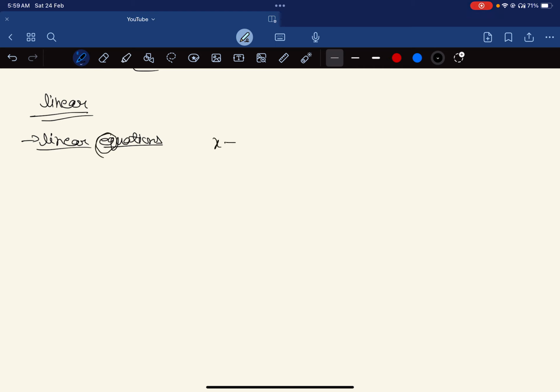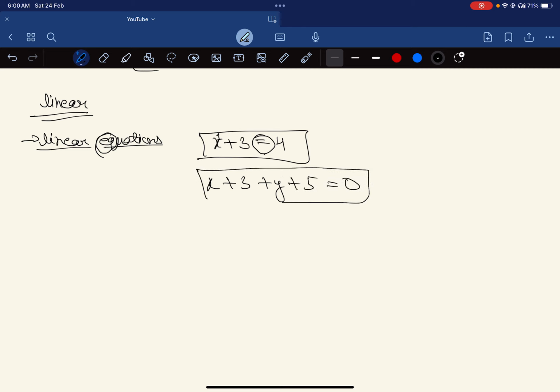So x plus 3 is equal to 4. It is linear because the highest power of x is 1. Equation because we have used the equal to sign here. x plus 3 plus y plus 5 is equal to 0. It is a linear equation. The highest power of our variables are 1 and 1 respectively. x square plus y plus z is equal to 0.